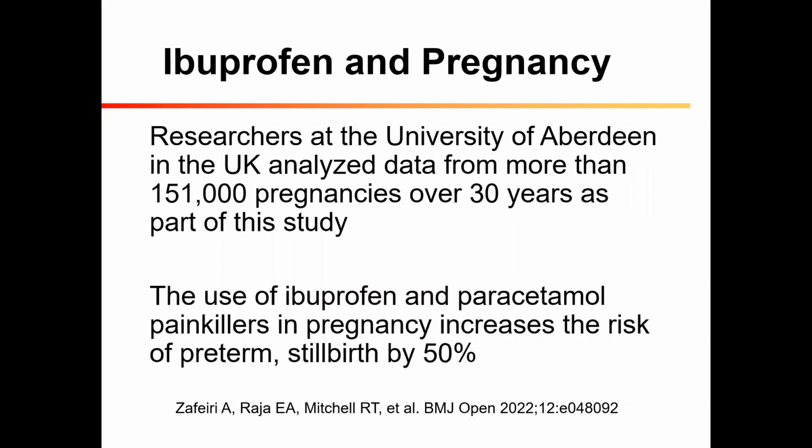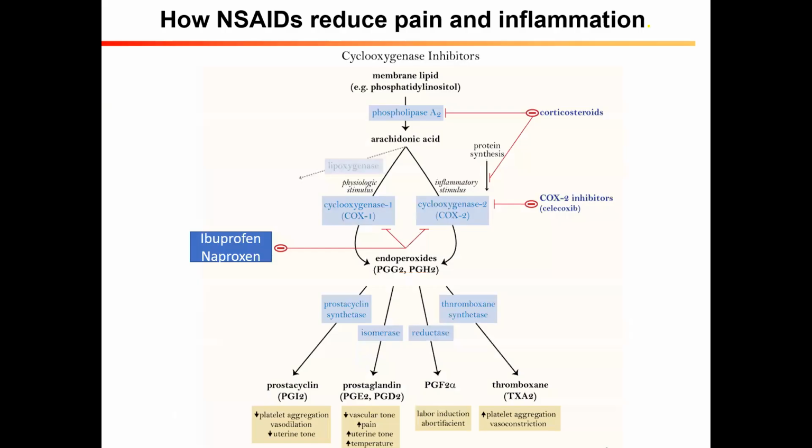They found that women who use ibuprofen and paracetamol had an increased risk of preterm and stillbirth by 50%. Paracetamol is what we call Tylenol here. So it had a dramatic effect on stillbirth. Why I'm telling you this is because this shows you gender effects again. So there's a lot happening with ibuprofen and gender.